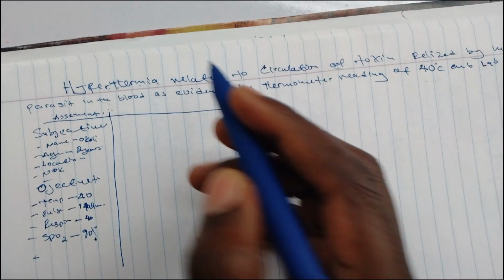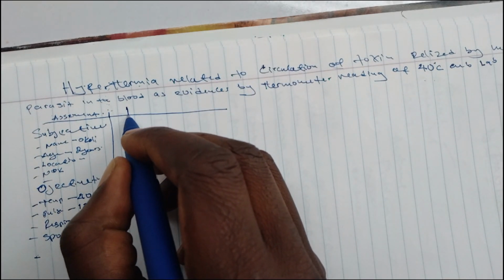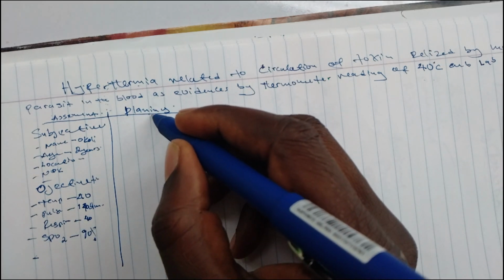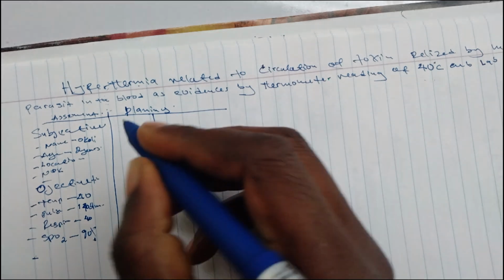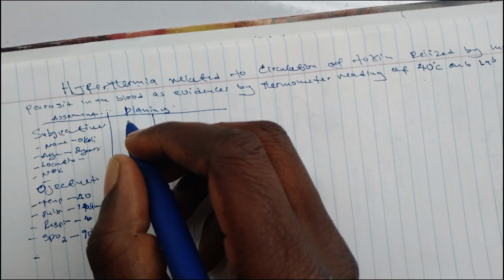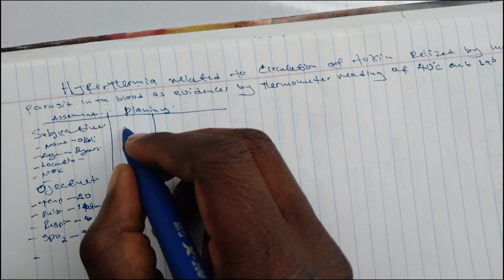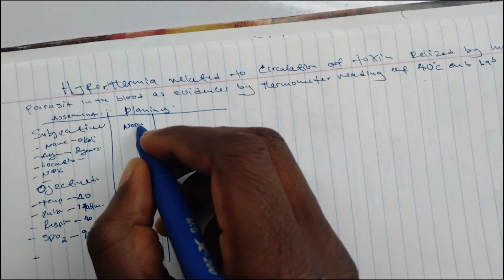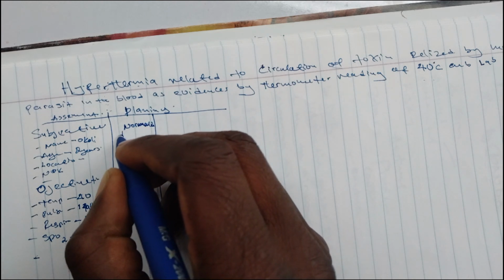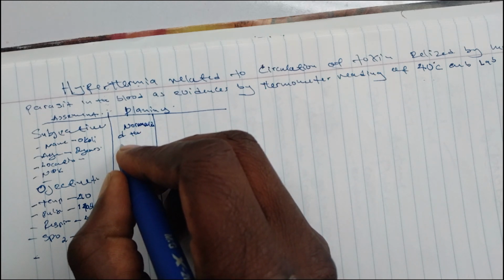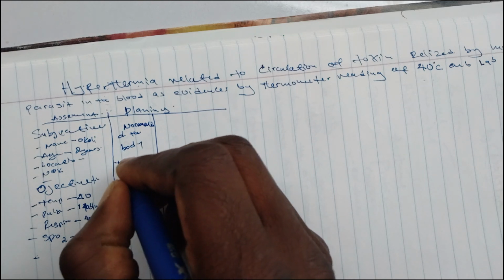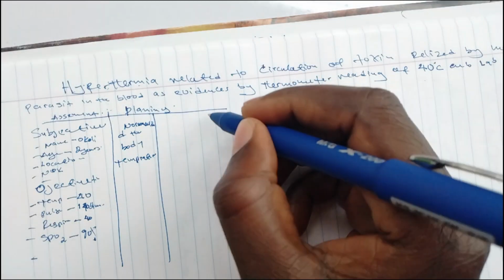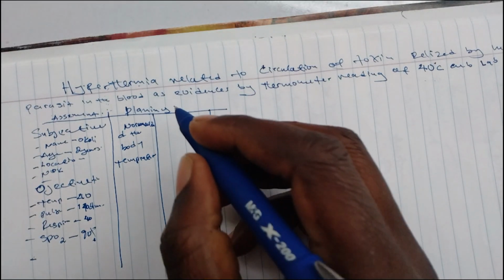Then we come to planning. In planning, we have two parts. We have our plan here to normalize the body temperature, and under plan we have what we call short term and long term.